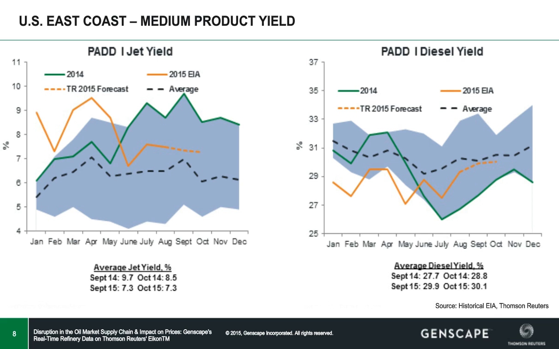This continued in August, and we expect it to remain in September and October, with yields at about 7.3% for jet. Those East Coast refiners have increased their diesel yields in recent months to bring up the yield to the 5-year average from near the 5-year minimum. We expect yields in September and October to be around 30%. As a result of the higher distillate yields, stocks are well supplied in the region heading into winter demand.